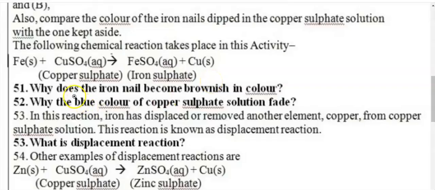We find that when the iron nail reacts with copper sulfate, it gives a brownish color. And second, why does the blue color of copper sulfate solution fade? In the beginning FeSO4, slowly turns into anhydrous ferrous sulfate.